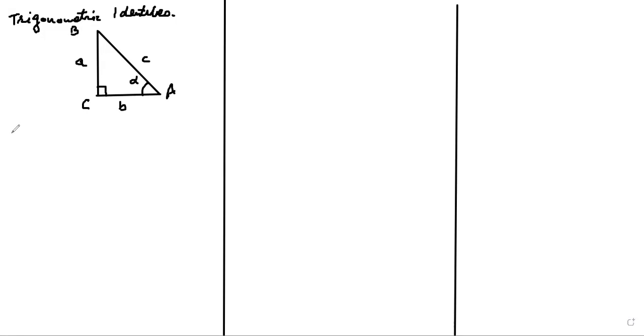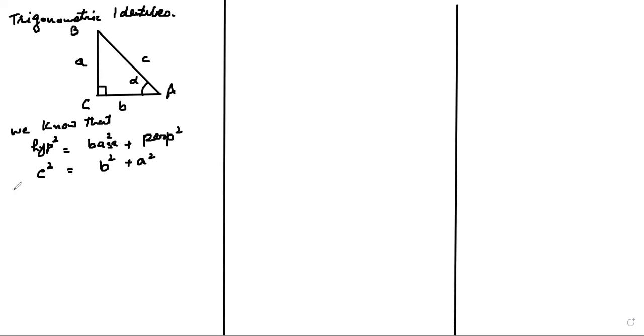So in this triangle, we know that hypotenuse square equals base square plus altitude square or perpendicular square. So here hypotenuse is C, so it is C square equals B square plus A square, or A square plus B square.